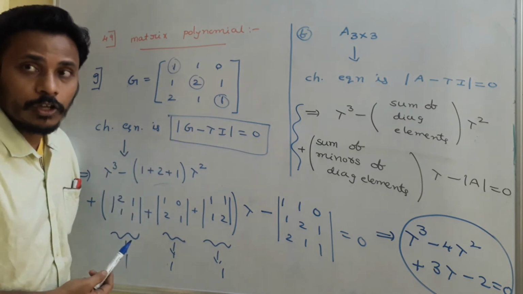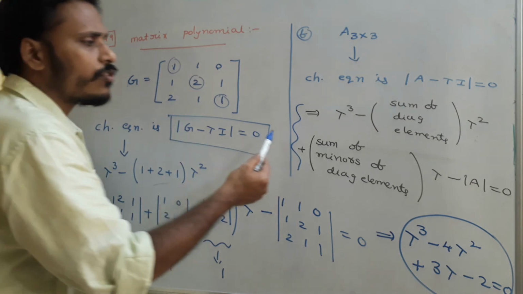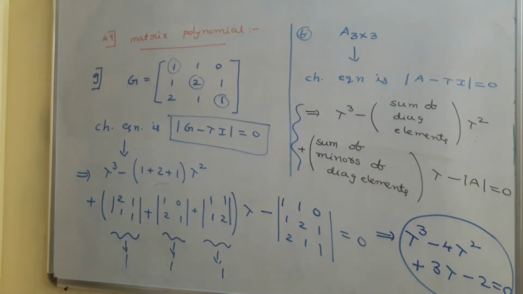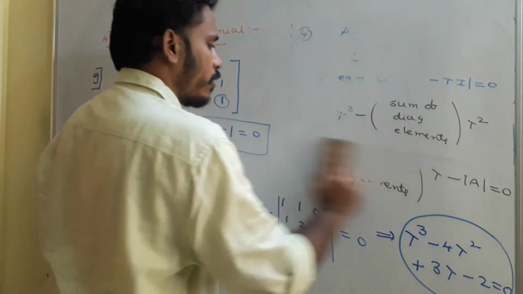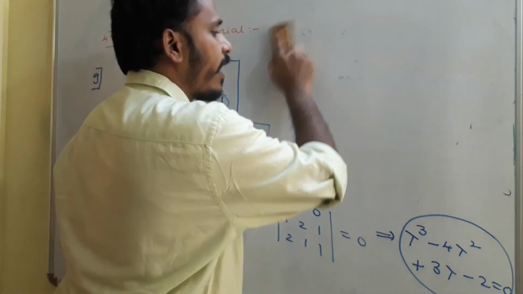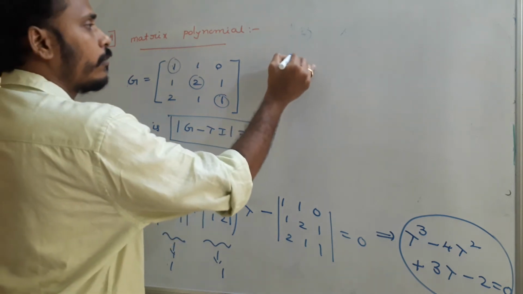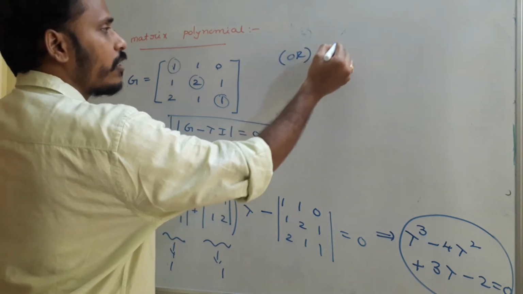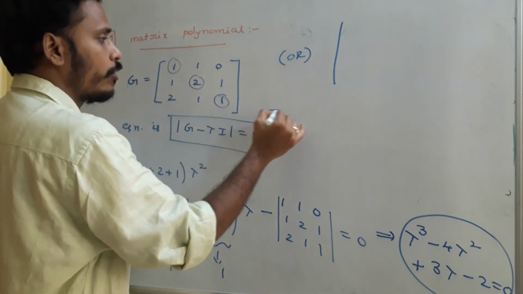Okay, just have a look. If you don't want to use this direct trick to find the characteristic equation, then your way of solving is this. Okay, or you may find the characteristic equation directly like this. Okay, or the characteristic equation is simply nothing but determinant of this G minus lambda I is equal to 0.